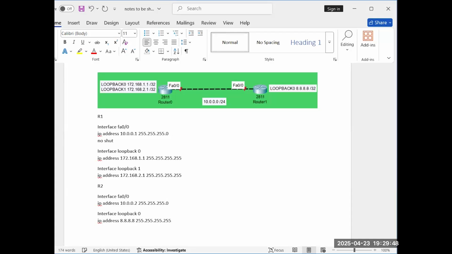So with this, my interface configuration is done. I have only configured the interfaces. I have not enabled routing between these two routers. So now I need to do the routing.